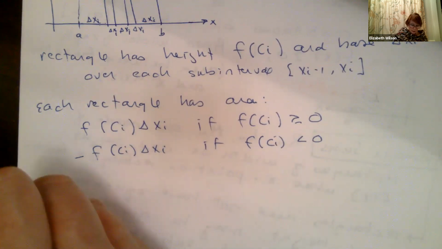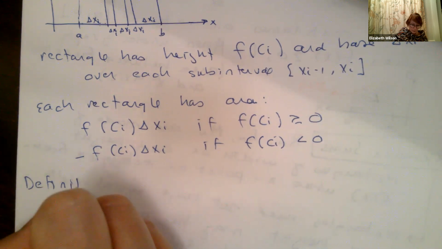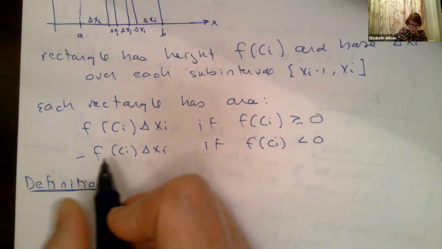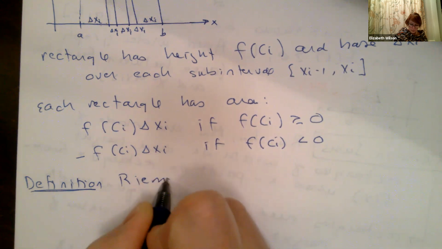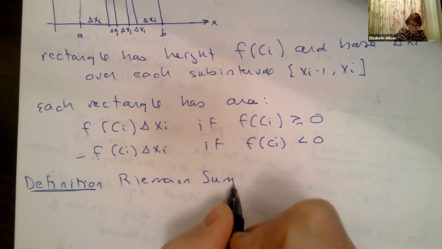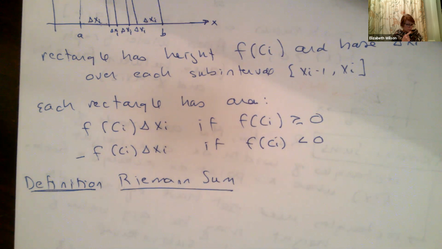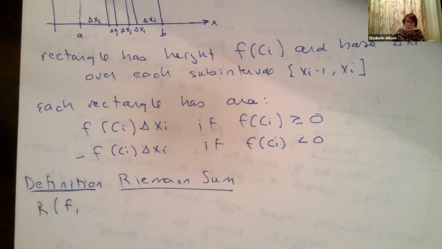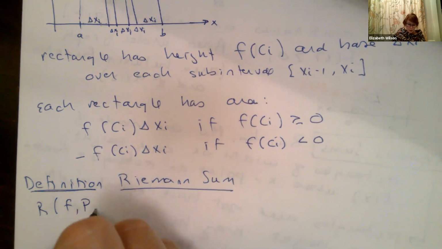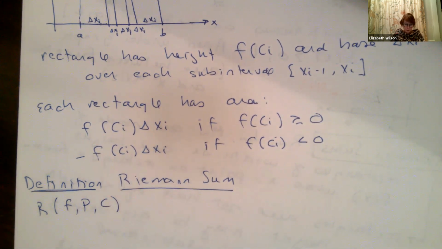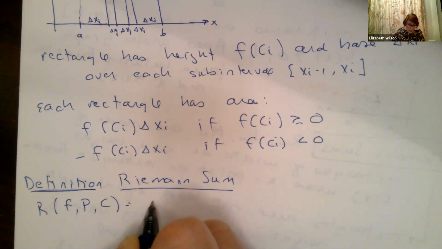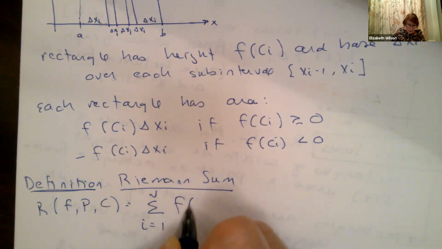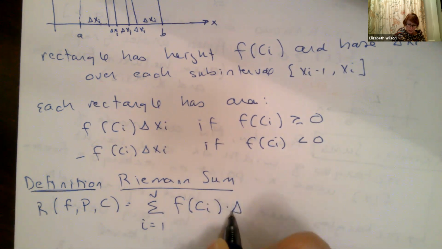Okay, so let's come up with a definition of our Riemann sum. The definition of a Riemann sum says, I'm going to call it R, a function of f, that's the function we're doing, P, the partition, and c, the sample points, is going to equal the summation from i equals 1 to n of the height times the base.